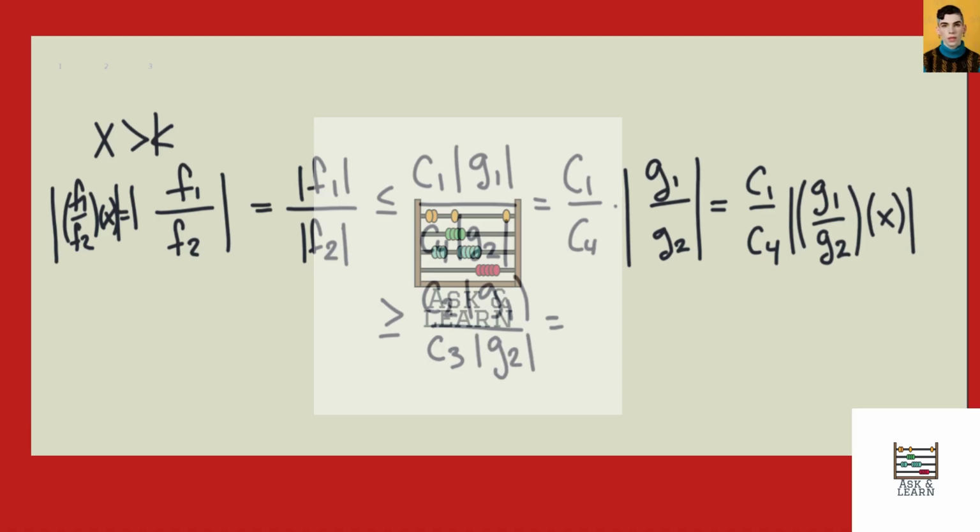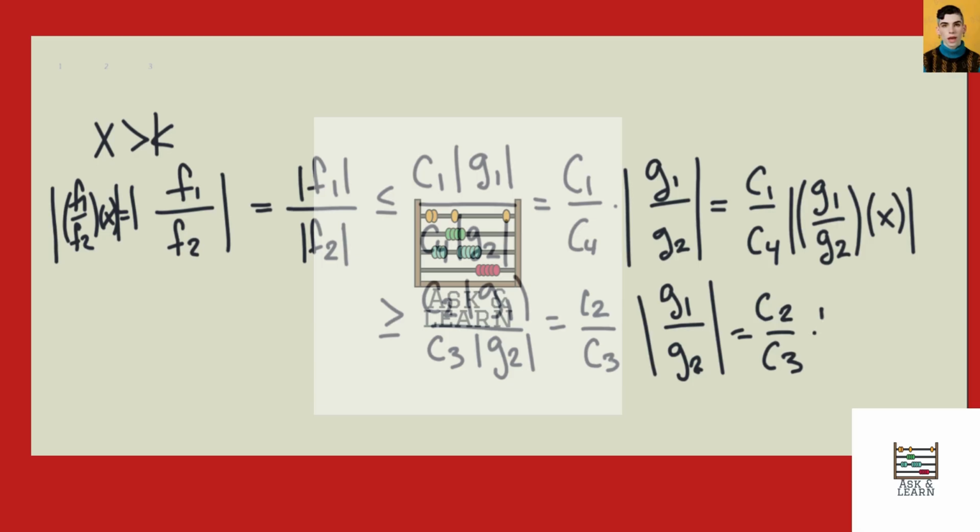All right, so this is going to be equal to c2 over c3 times the absolute value of g1 over g2. Okay, and then, of course, if we care to, we can put that back into our function notation, which should be the proper way to do it. So the function g1 over g2 of x, absolute value.